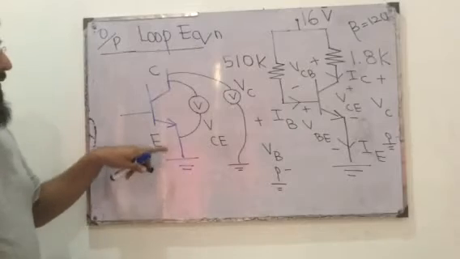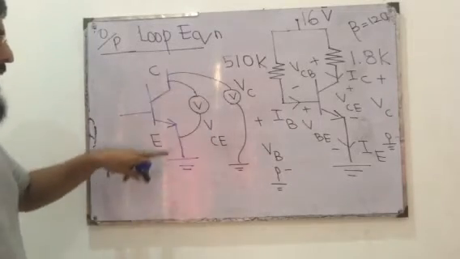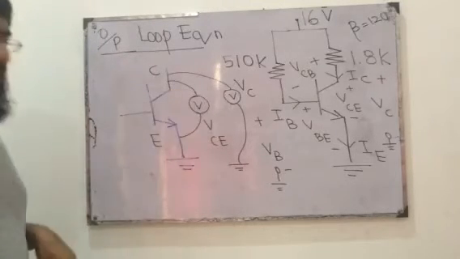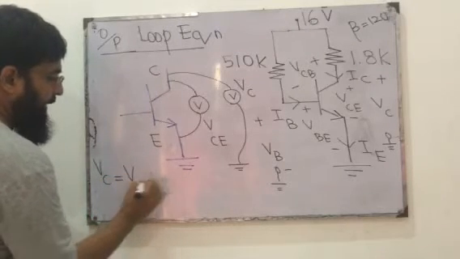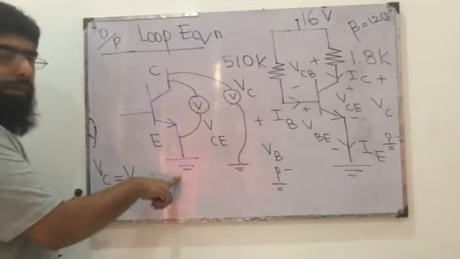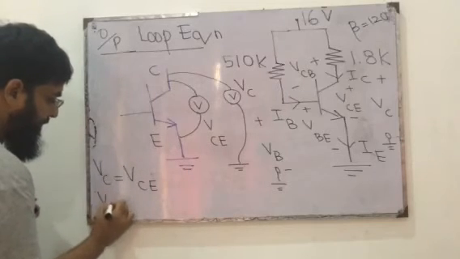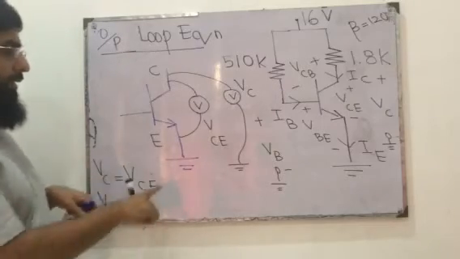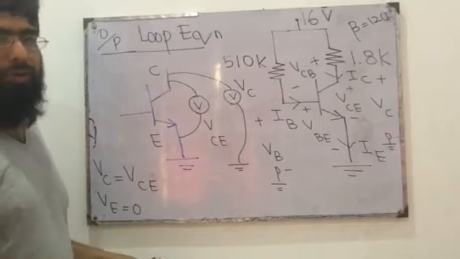Since in this circuit the emitter is directly connected to ground, VCE is the same as VC. But if we have an emitter resistor, VCE will be different than VC. Since the emitter is connected to ground, VE is 0. But in some other case, if the emitter terminal is not connected to ground, VE won't be 0. It can be greater than 0 or smaller than 0.